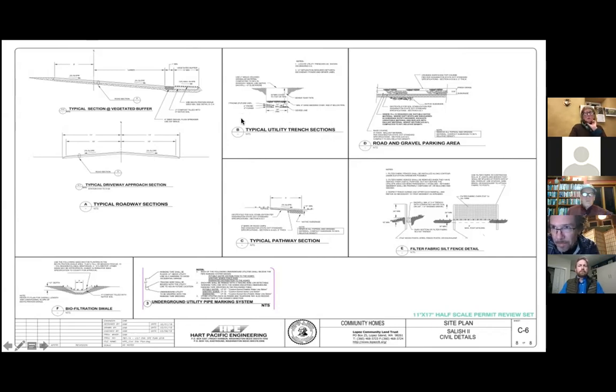So when you're looking at your details on the civil, have a conversation with your sewer district, water district, et cetera, and just talk with them about that. It's just a good practice to get used to. And then again here, underground utility marking system. I think they put those notes in there to remind us all that we're probably going to have to find these things again, and just remember.